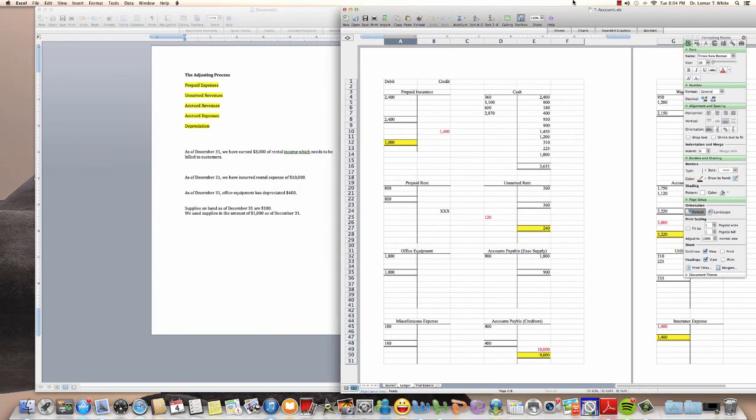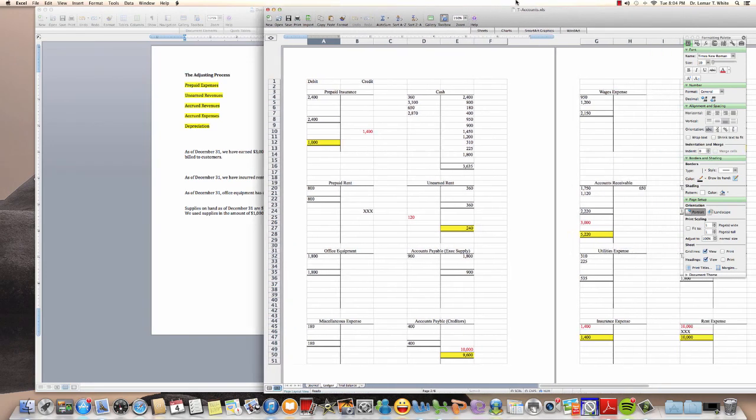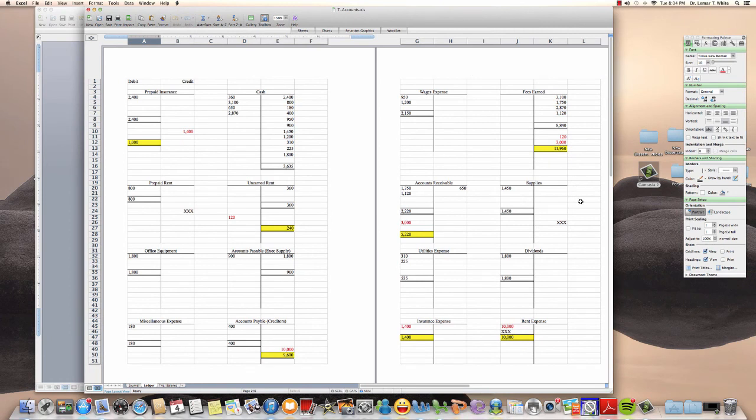So let's look at the first one. Supplies on hand as of December 31st are 100. What this is telling you is that I only have $100 worth of supplies in my account. So it's telling you what the balance of that account is.